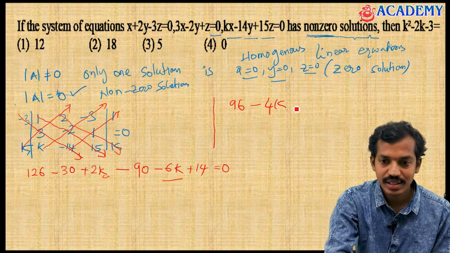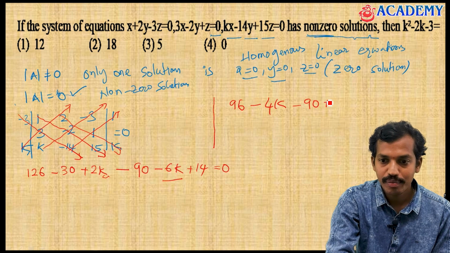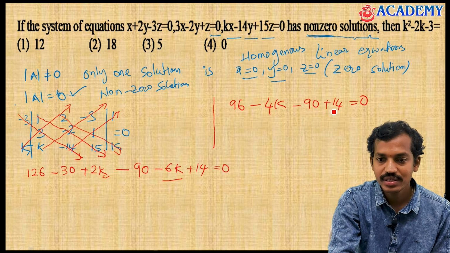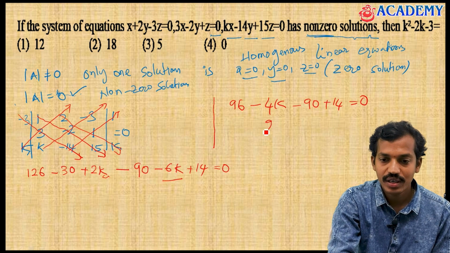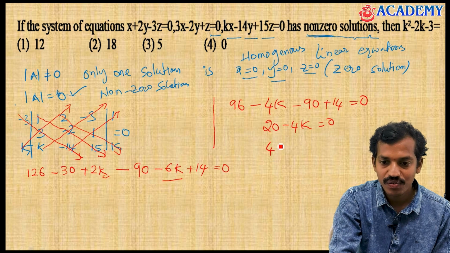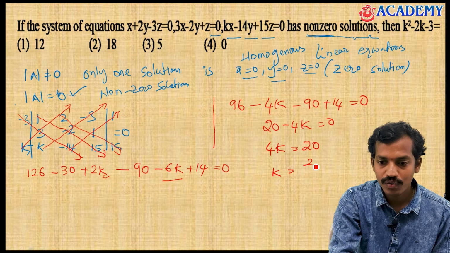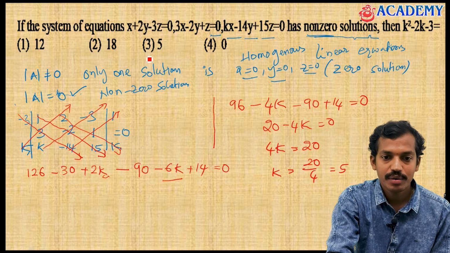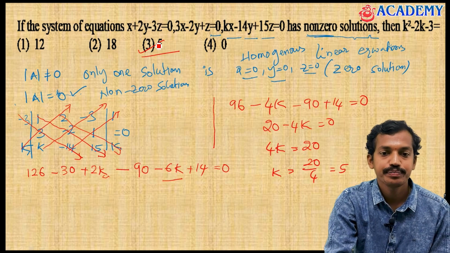Minus 90 plus 14 equal to 0. 96 minus 90 means 6, plus 14, 20. 20 minus 4k equal to 0, that is 4k equal to 20, k equal to 20 divided by 4 is nothing but what? 5. Option is going to be the third one.